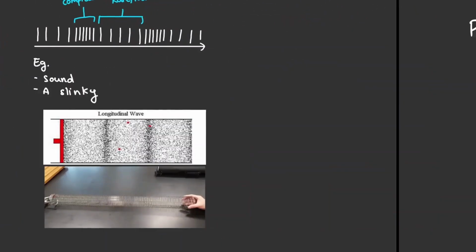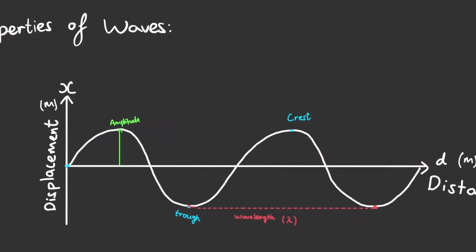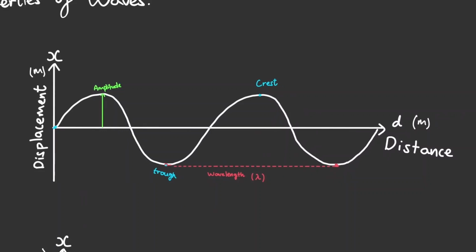Let's look more at the properties of waves. So this diagram here is a displacement distance diagram. We talked about displacement before, but essentially displacement is how far the wave is oscillating from its equilibrium point, or equilibrium is this axis here.